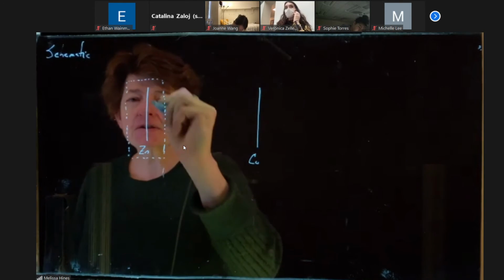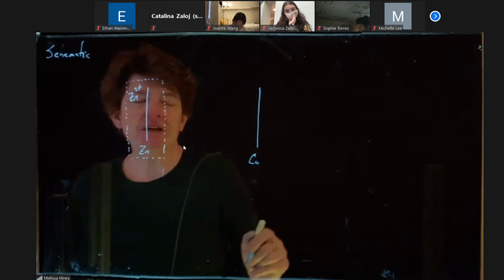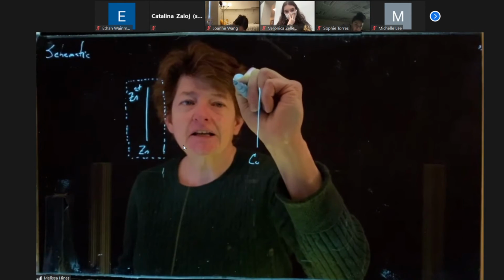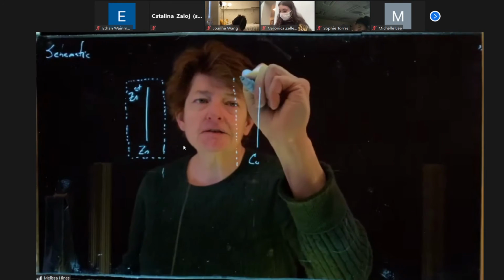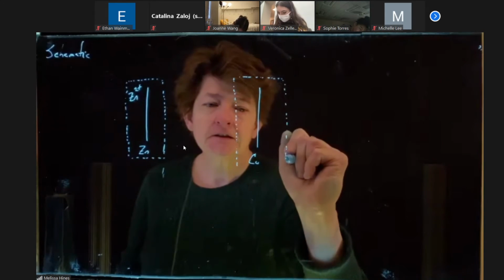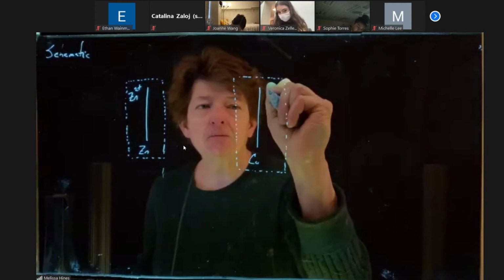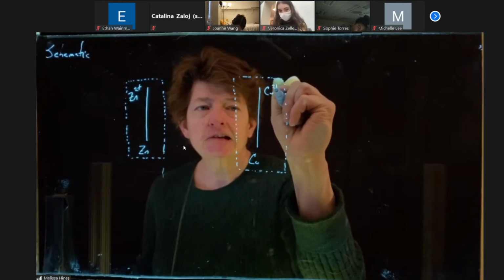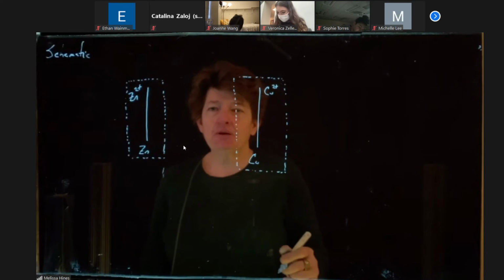I also had some zinc 2+ in my beaker. And then I had a second beaker, so this is a second set of dotted lines. In this beaker, I also had some copper 2+. So those are my two beakers.